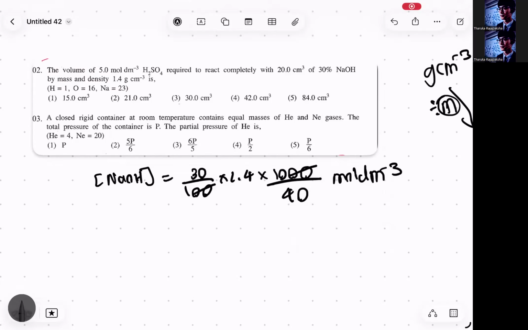Two zeros, and another 0 here. So 15 divided by 2. Right? 15 divided by 2.